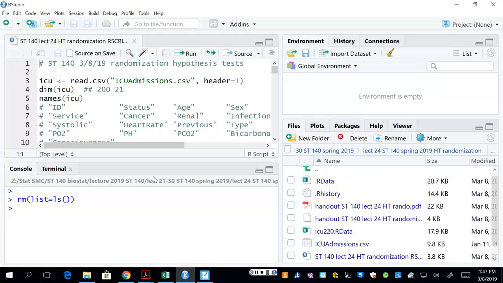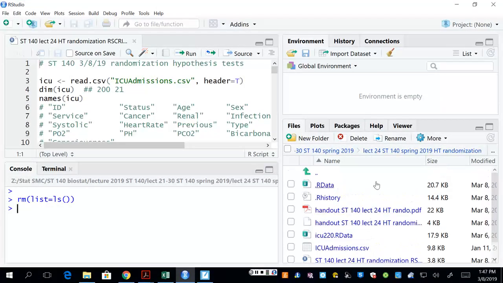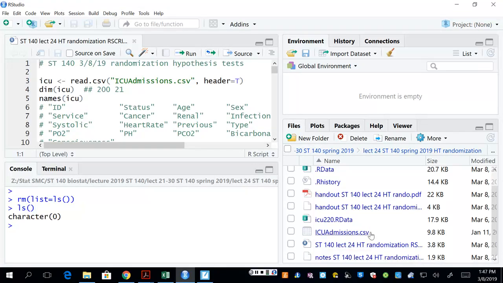So I'm going to read these data into R. They're sitting here in a directory for me, but my global environment up here has nothing in it. The ls shows there's no object there. So I need to get that ICU data set in here. It's a CSV file.